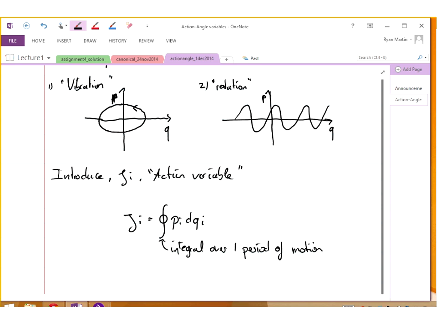So if I use the property of the canonical transformation, which we wrote earlier, that the lowercase p_i was equal to ∂W_i by ∂q_i, this J_i integral is the integral of ∂W_i, and W_i depends on q_i and potentially all of the alphas, ∂q_i dq_i.